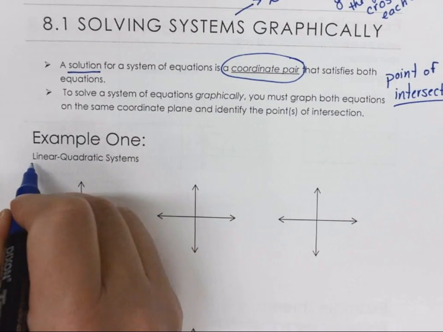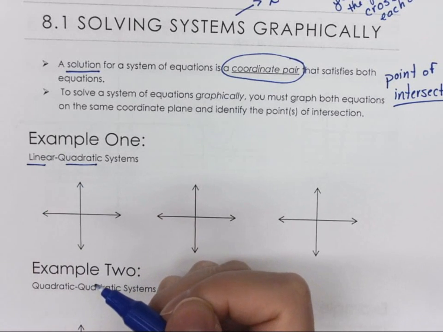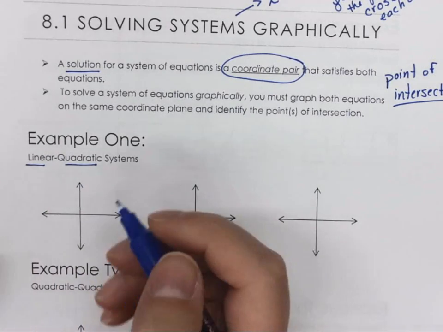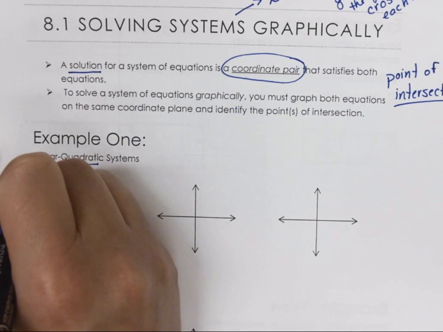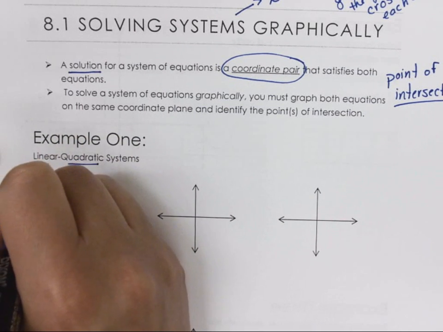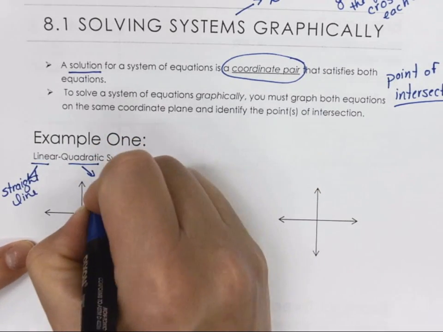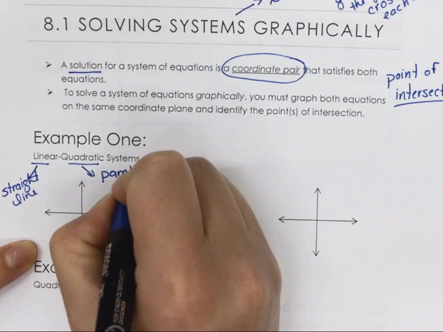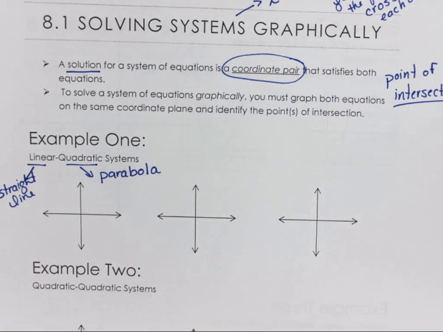These are linear quadratic. So what does linear mean? What kind of graph am I going to have? Straight line. And if I'm graphing a quadratic, I'm going to have a parabola. I always say it in my head, parabola, because then I know I'm spelling it correctly.